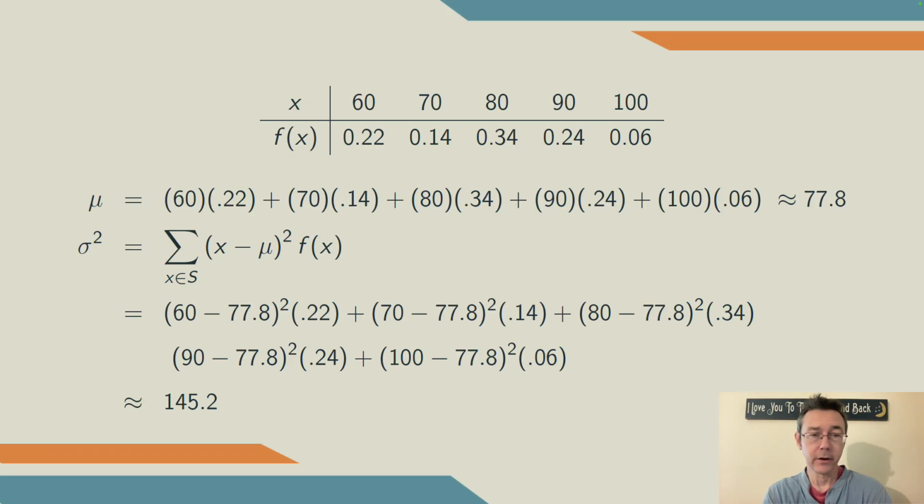We then compute the variance by taking each of those individual x values, subtracting off 77.8, squaring the result, and multiplying by the respective probability. So 60 minus 77.8 quantity squared times 0.22, etc. After we do all of that arithmetic, we get a variance of 145.2.